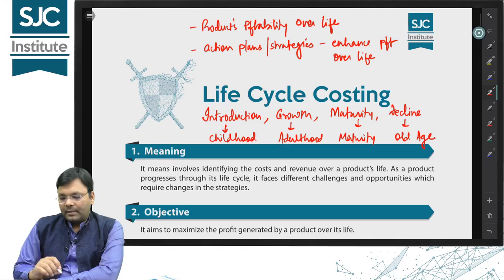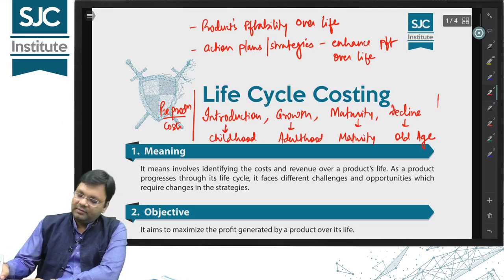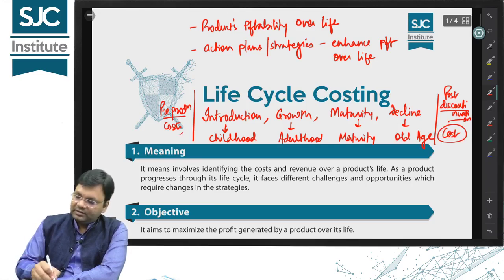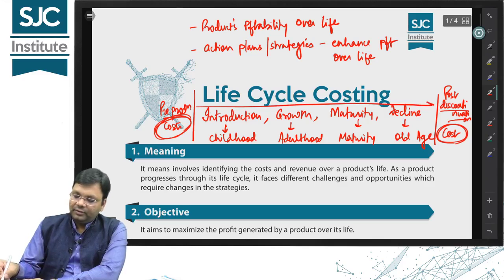Okay, so we discussed a bit about it, that there are some costs which are pre-production and some costs which are post discontinuation. Those costs usually get untraced under traditional costing, but in life cycle costing these costs will always get accounted, along with the costs that we incur during the life cycle.